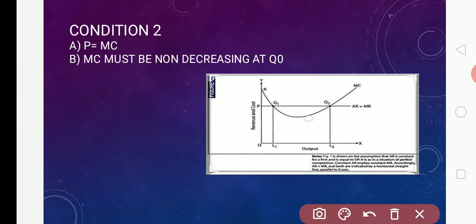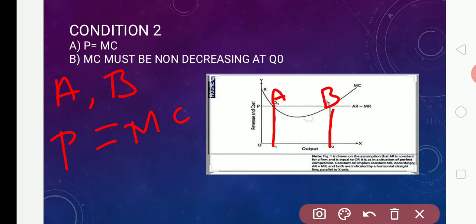Okay, now I'll make it clear. At this point and this point, I consider this as A and this as B. At points A and B, the price is equal to marginal cost.